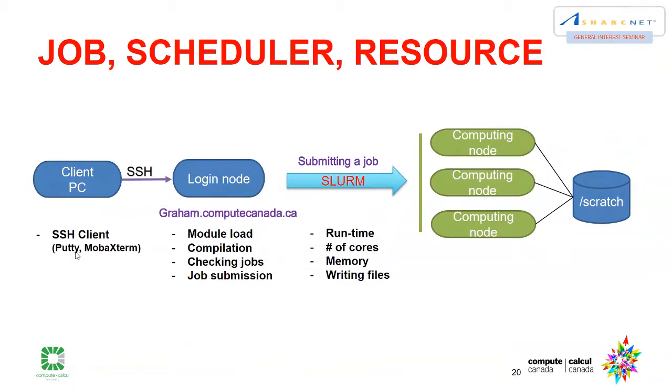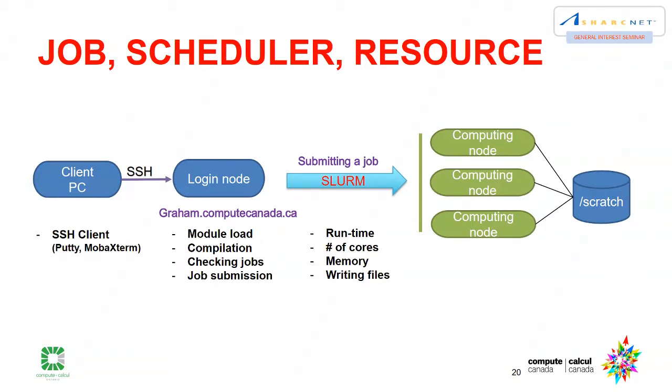Once you log on to graham.computecanada.ca, that's basically the login node. The login node is not the machine you run your job on, because it only handles login activities, which means loading modules, simple compilation, checking jobs and submitting jobs.